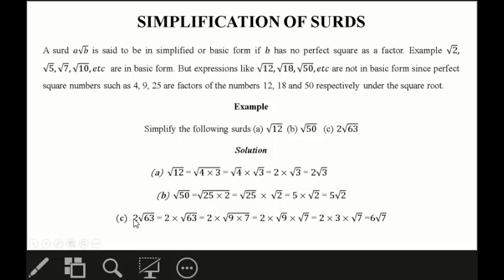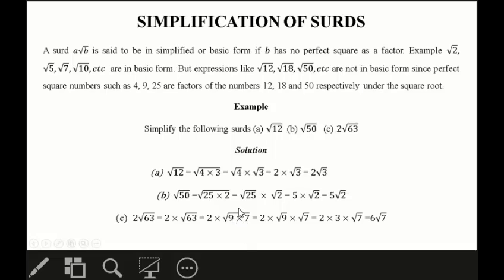The third question is 2 root 63. To simplify this expression, we can split it into 2 parts as 2 times the root of 63. Then we will break this 63 as a multiple of 2 numbers, with 1 being a perfect square, which will give us the root of 9 times 7.